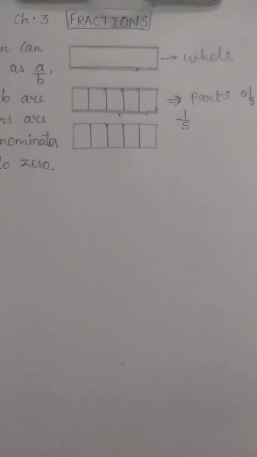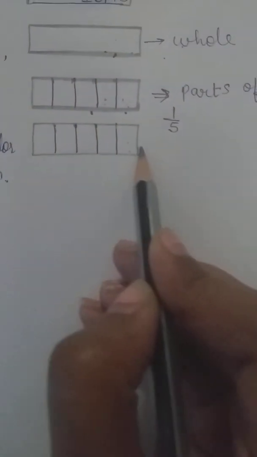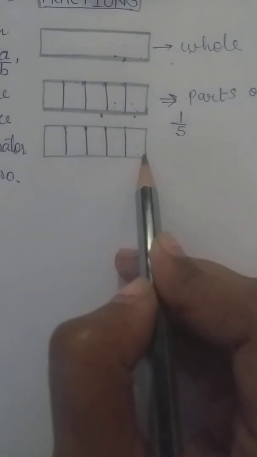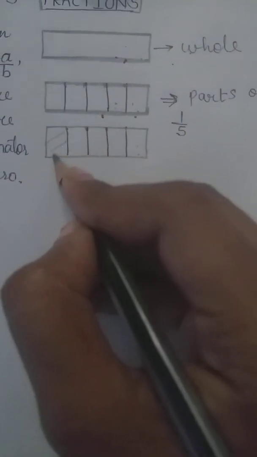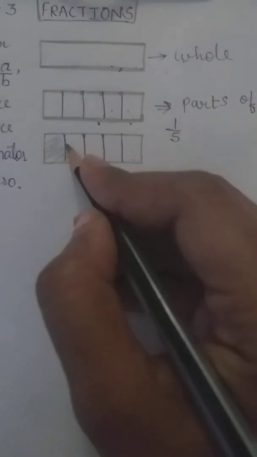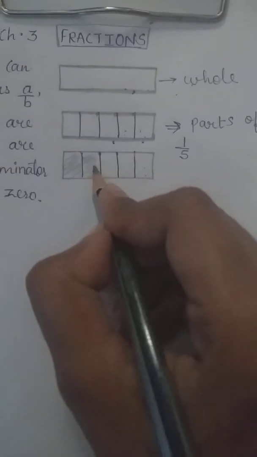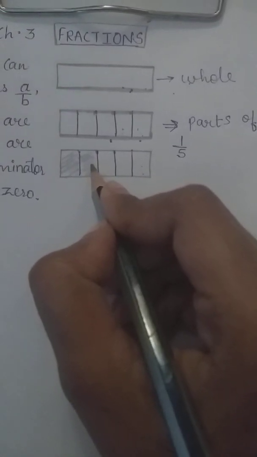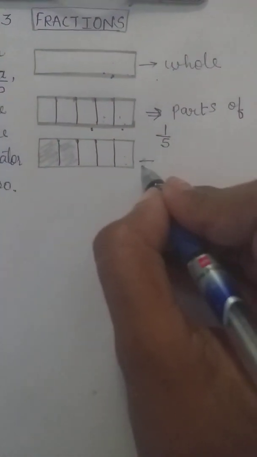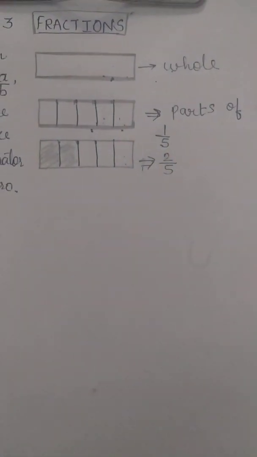Now what next? Let's see another rectangle which I have divided into 5 equal parts. If I shade two parts of the 5 parts, I'll be writing this as 2/5 in mathematical terms.